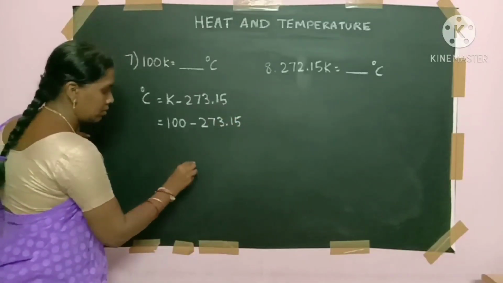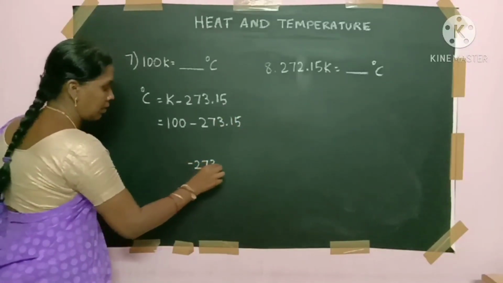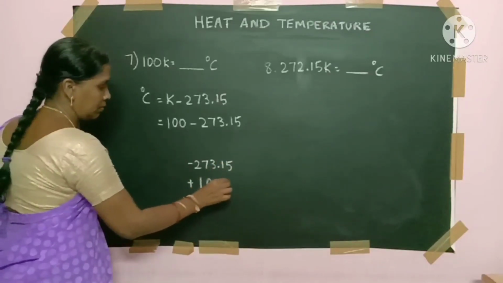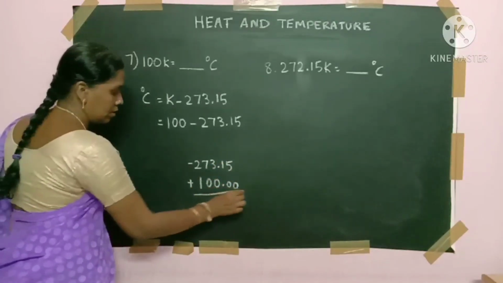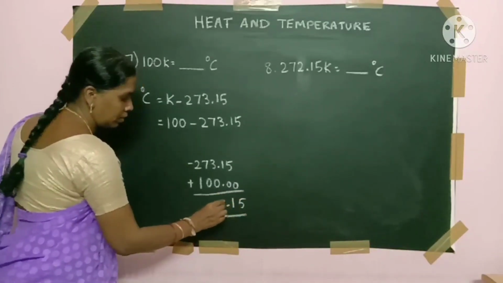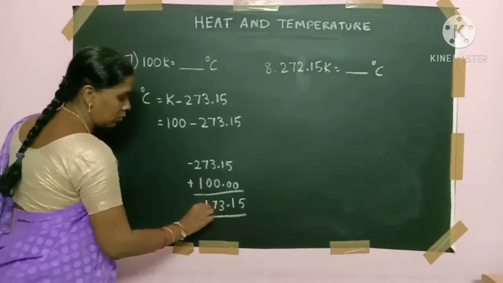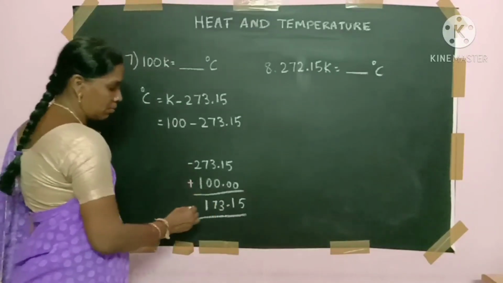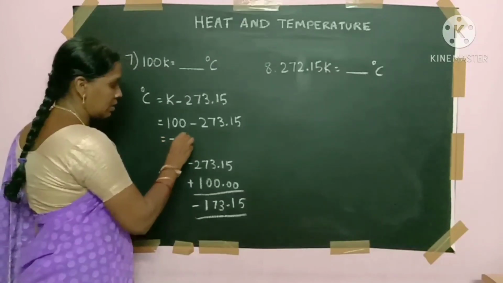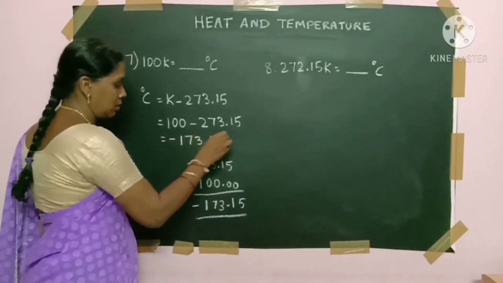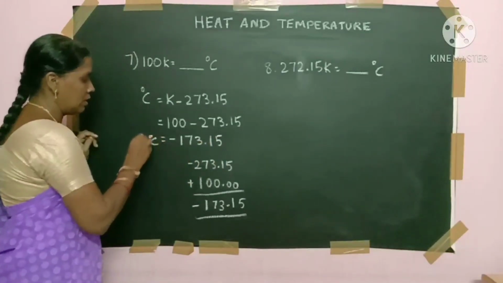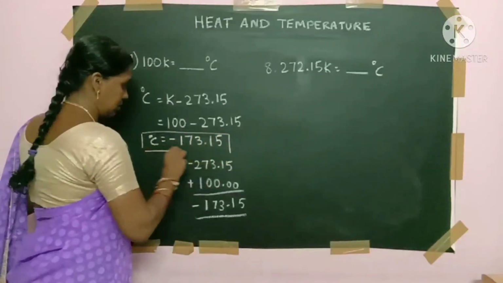How will you do it? 273.15 minus 100, and the greater value's sign, minus, I have to put. So you get the value minus 173.15. This is the centigrade conversion.